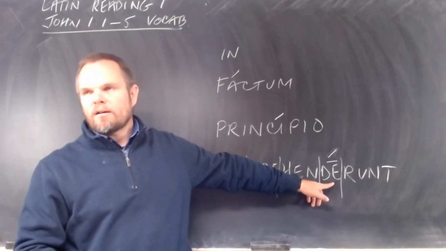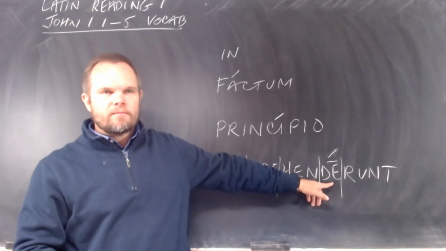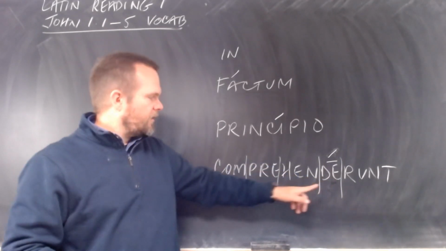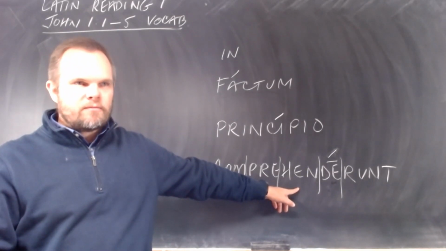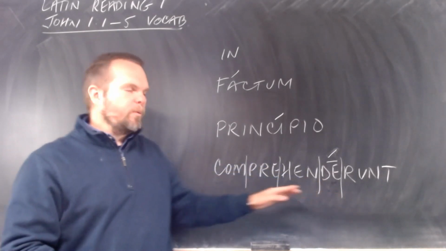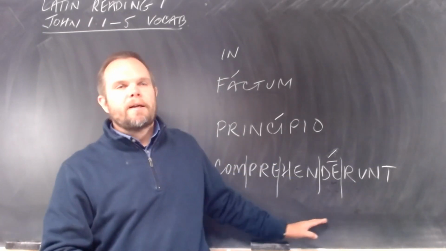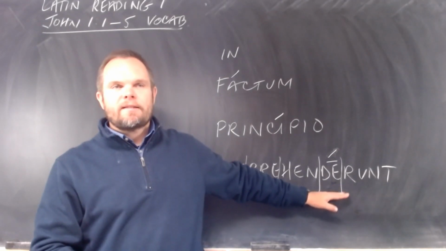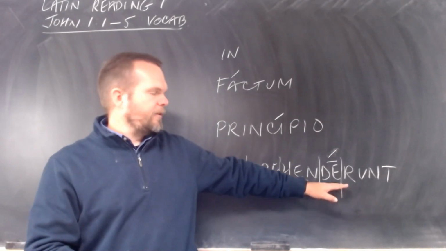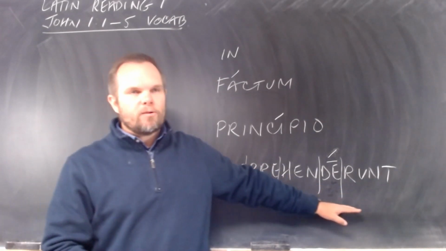If it's long, then we would accent that syllable. If it's short, then we would not accent that syllable. So if that's long, we would say comprehenderunt. Latin wants to accent the second to last syllable, and if it's long, we can do so.